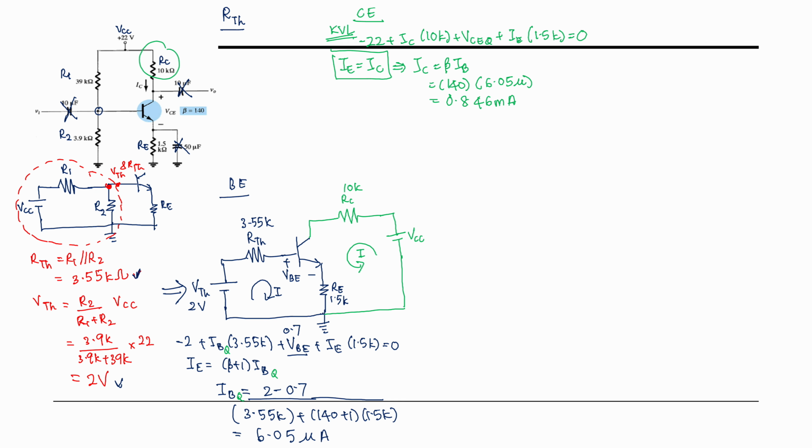So we can substitute inside the equation of the KVL just now. So we can get our VCEQ is equal to 12.271 volts.